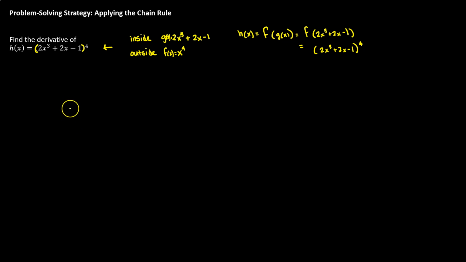Let me show you an example of picking the wrong inside and outside. Maybe I think that the inside function is 2x cubed, and that the outside function is the rest.